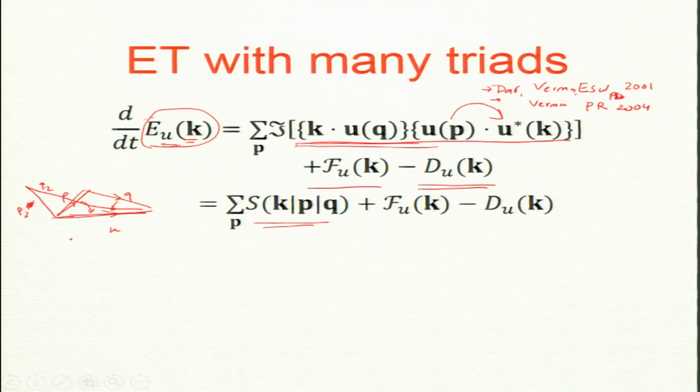So, here I had written it, I just erased it, from P to K, Q to K, P2 to K, Q2 to K for these 2 triads. So, you just have to sum over all triads. Okay. So, this is the total energy.